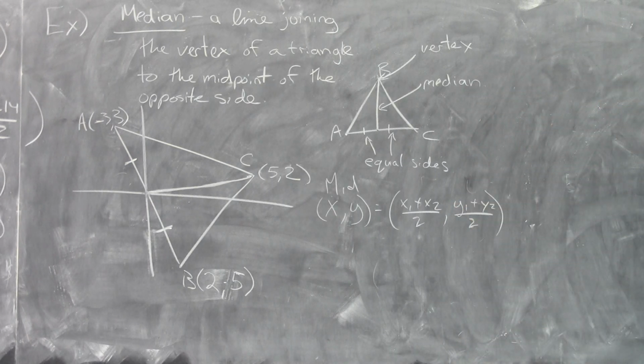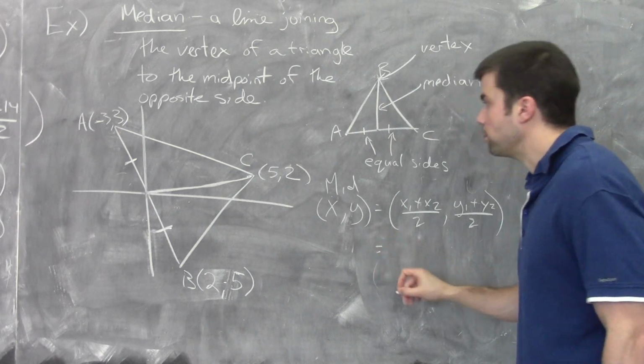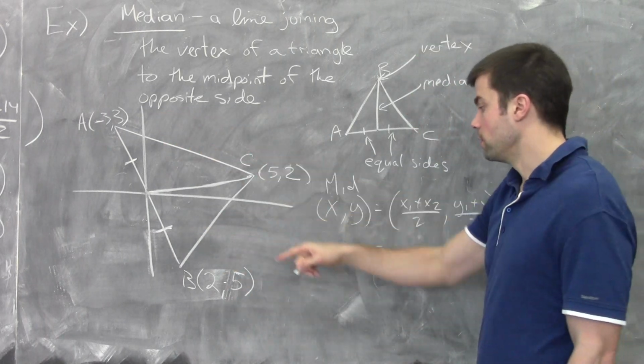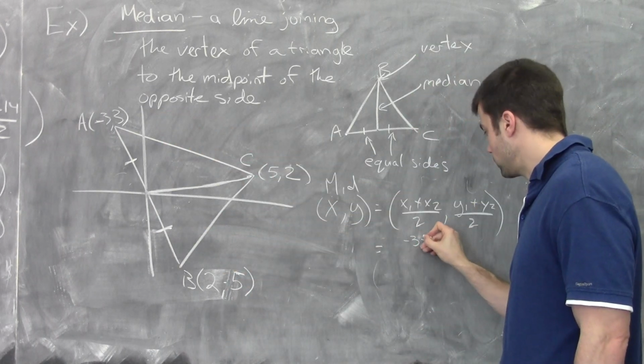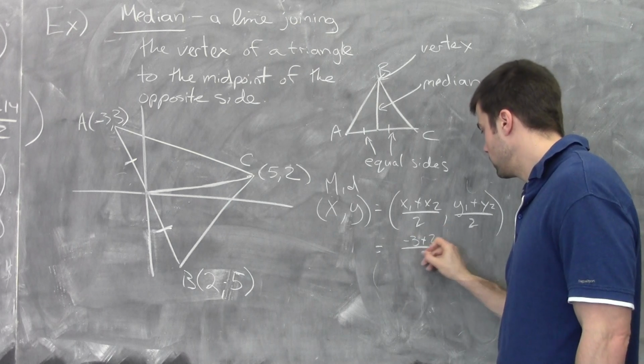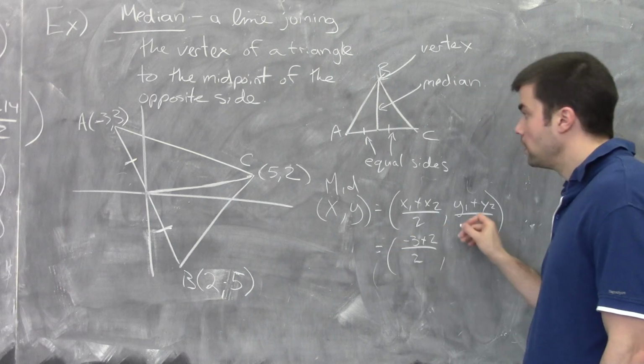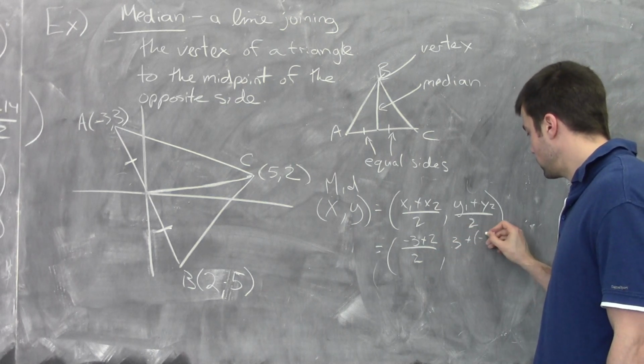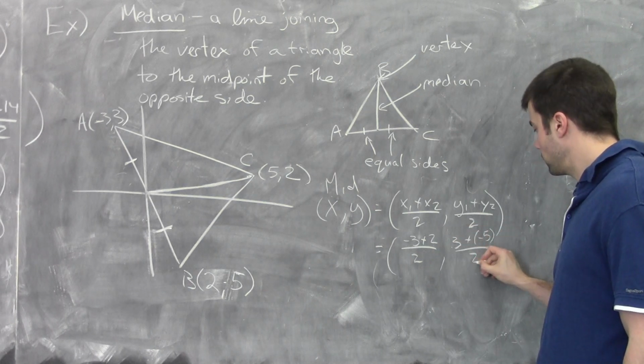That's our formula. It doesn't change, it stays the same. Important to memorize it. Now we're just going to plug in these two point values. So x1 is negative 3 plus x2, positive 2. And y1 is 3 plus negative 5 over 2.